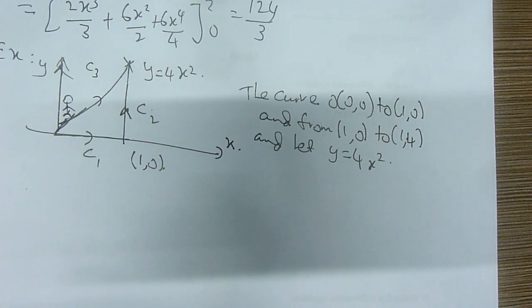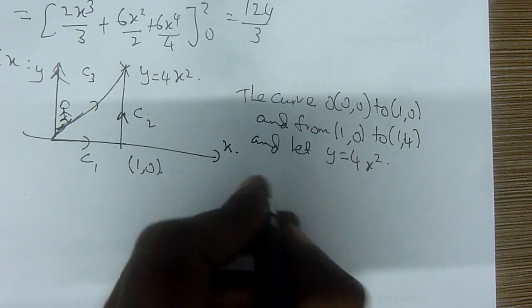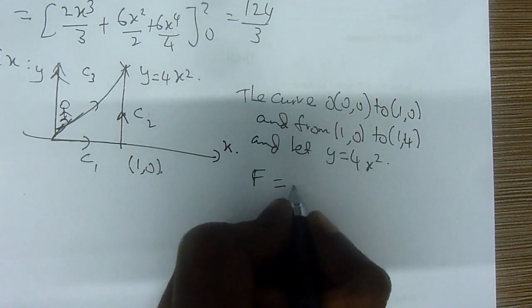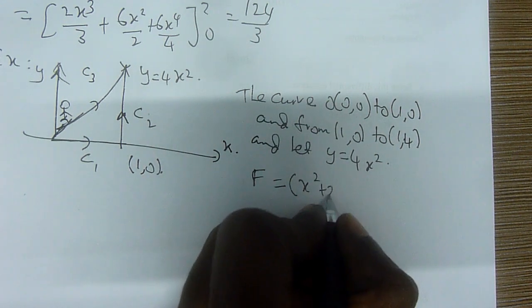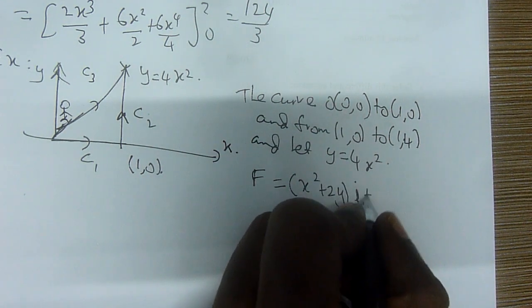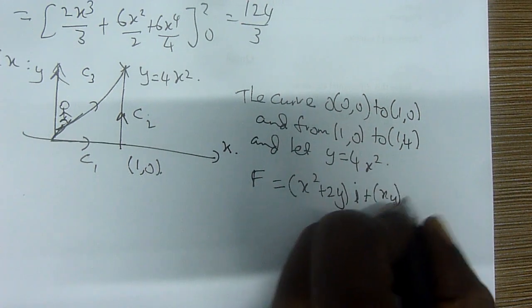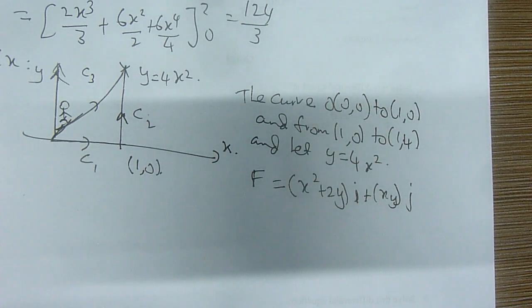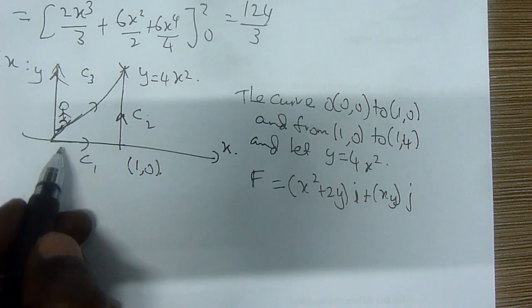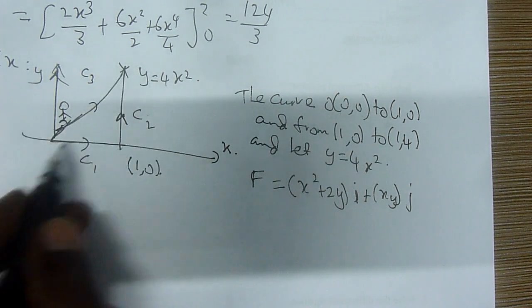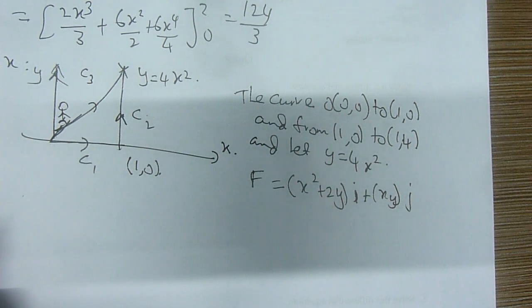I should give you the force, right? You should be able to identify the force here. Therefore the force here is x2 plus 2y i, xy j. The force is given. Whether the force wants to use this path or here, let us calculate.